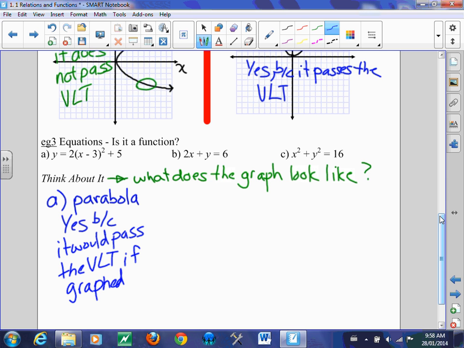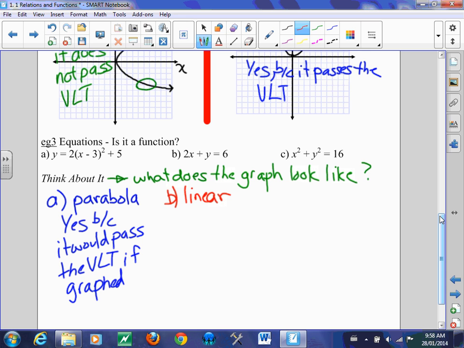All right. Taking a look at our next equation, ladies and gentlemen, B. Does anybody recognize what type of relation that is? Well, looking at the fact that there are no exponents, hopefully you realize that's a linear relation. And when is the only case where a linear relation is not a function?